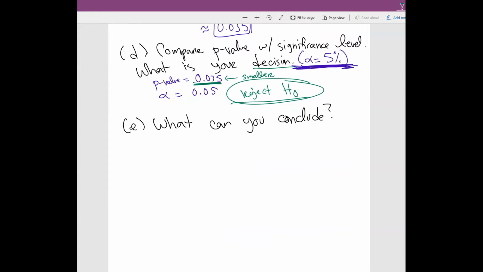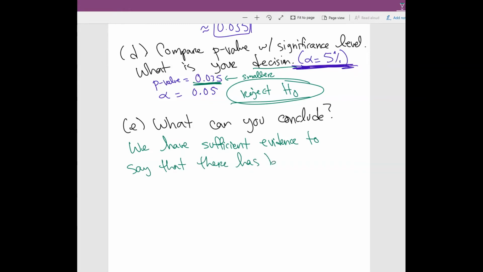Okay, so we say we have sufficient evidence to say that there has been an increase in the proportion of marijuana users. Okay, that's what you're going to say. So we have sufficient evidence to say that there has been an increase in the proportion of marijuana users.